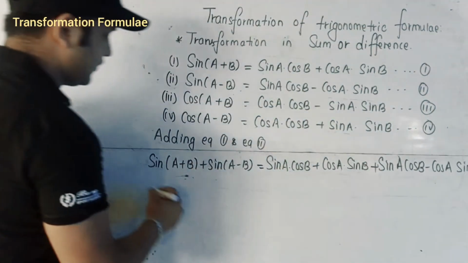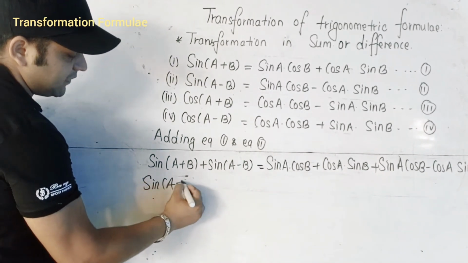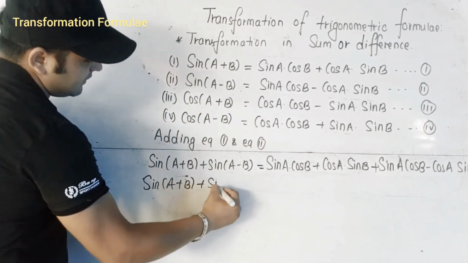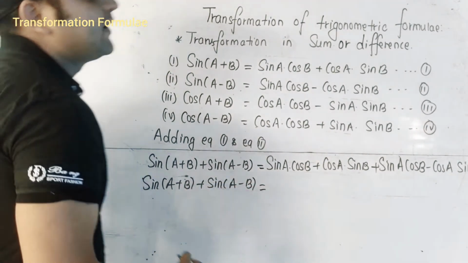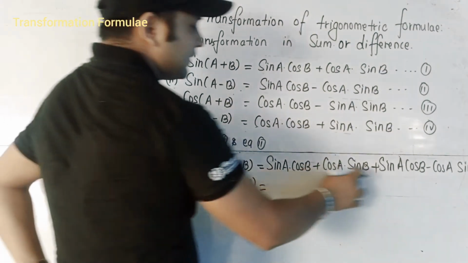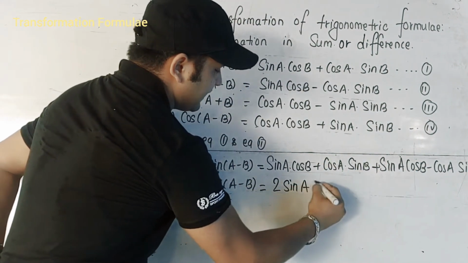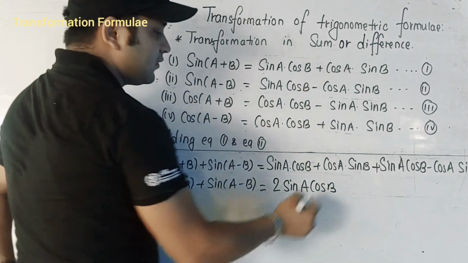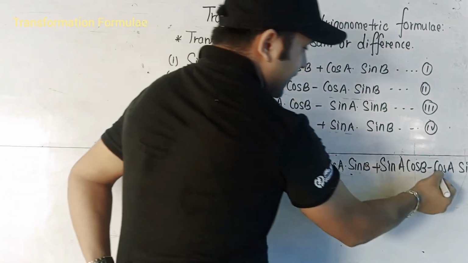Now after adding it, we get sine a plus b plus sine a minus b equals to, now see we have some like terms here, sine a into cos b plus sine a into cos b. When you add them, you'll have here 2 sine a cos b. Now we also have cos a into sine b minus cos a into sine b.